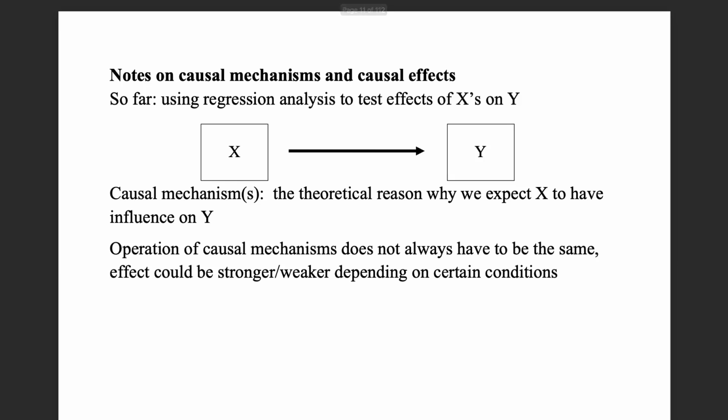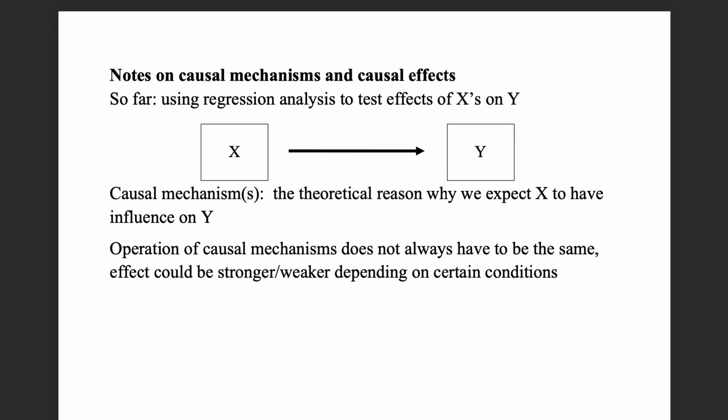Now we can take this reasoning a step further, because often our theories will not just tell us that there is some kind of causal mechanism, but they will also tell us when this causal mechanism works and when it doesn't work, or when it works more strongly or when it's weaker.